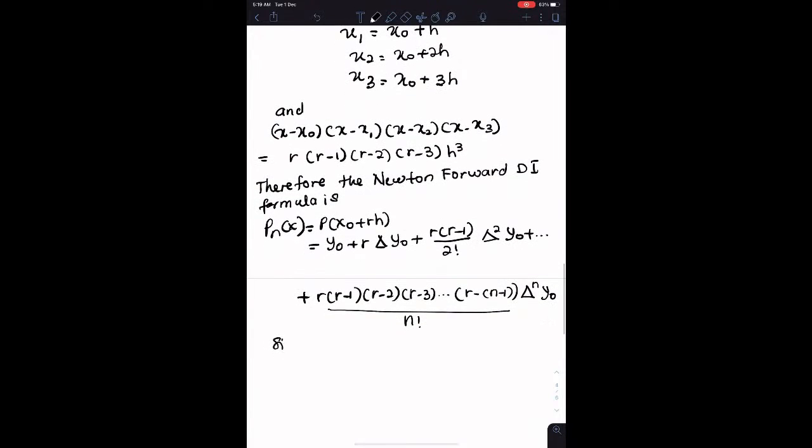If I want to stop at n equal to 3, I can use this formula. If I want to stop at n equal to 4, I can use this formula.